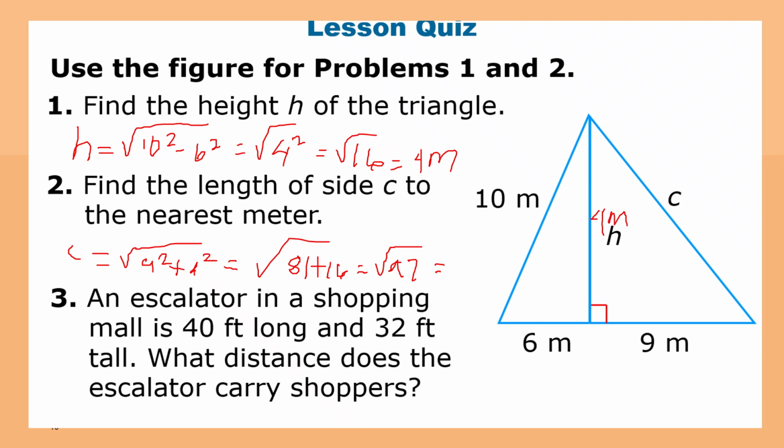Using your calculator, the square root of 97 is about 9.8 meters, or if you want to do it in a whole number, it's about 9 meters. Okay?